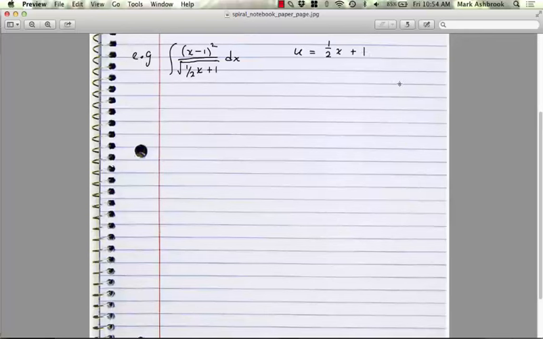So experience and trial and error. We could try u equals x minus 1, but that's not going to make this any simpler. What we'd really like is for this radical term to be much simpler. By making this substitution, we're going to have radical u, and that's going to be advantageous. That's what we're looking ahead towards.